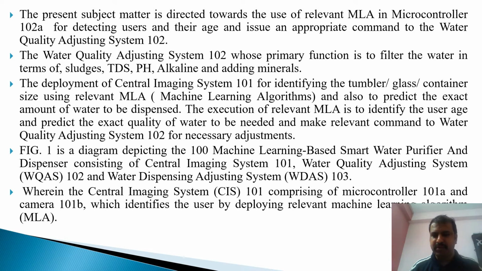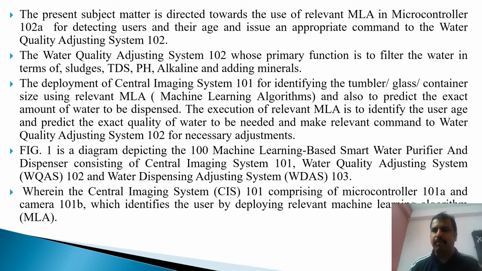So once the user is identified, their age and gender, the water purifying index that is to be maintained for that particular user will be retrieved based upon the outcome of a relevant machine learning algorithm which has been deployed. Based upon that, a concurrent signal will be passed to the water quality adjusting system, that is 102.